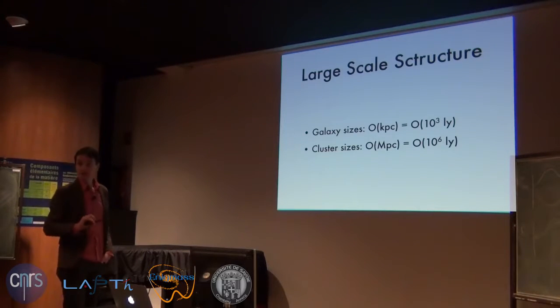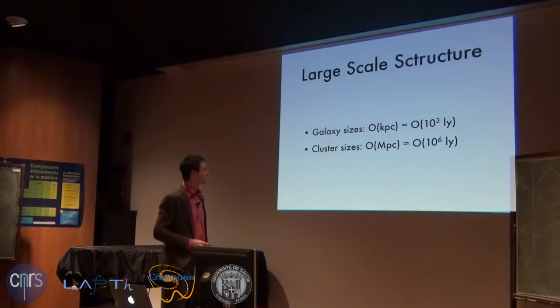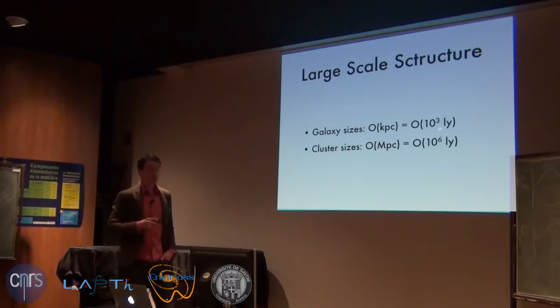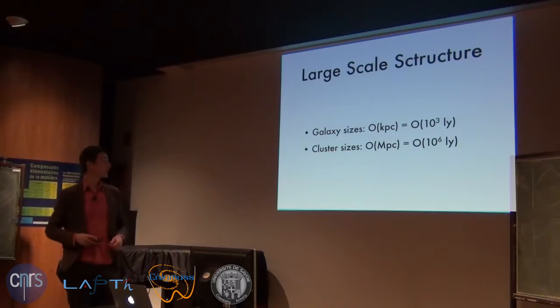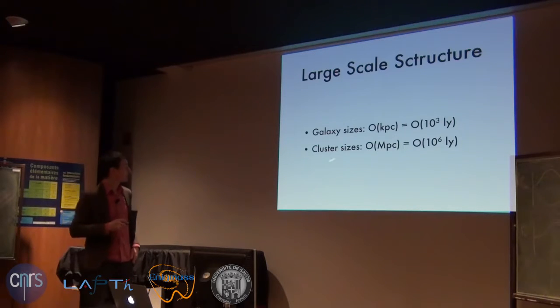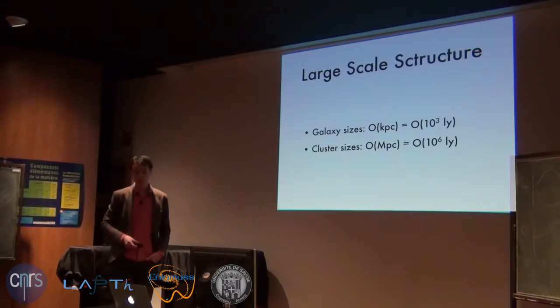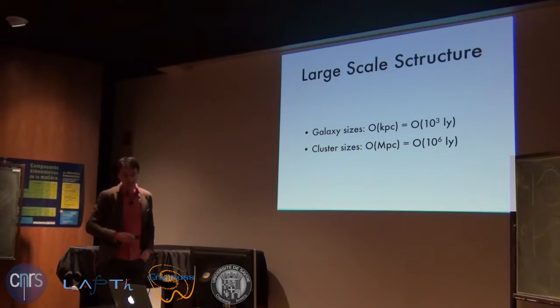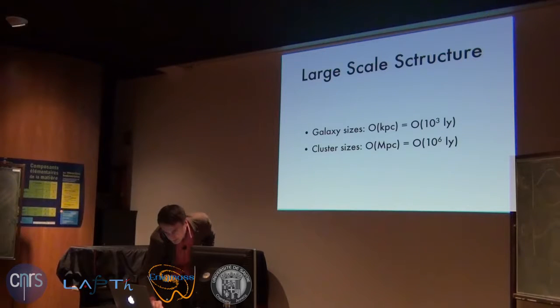Google knows parsecs, so if you do conversions, you can use Google and it gives you it in kilometers if you want to know, or light years. Galaxies are of the order of kiloparsecs, so also our own galaxy, the Milky Way, has a size of the order of kiloparsecs. Clusters of galaxies, so large groups of galaxies, have sizes of the order of megaparsecs, so like 1,000 times more. And I showed you previously how these relate to redshifts.